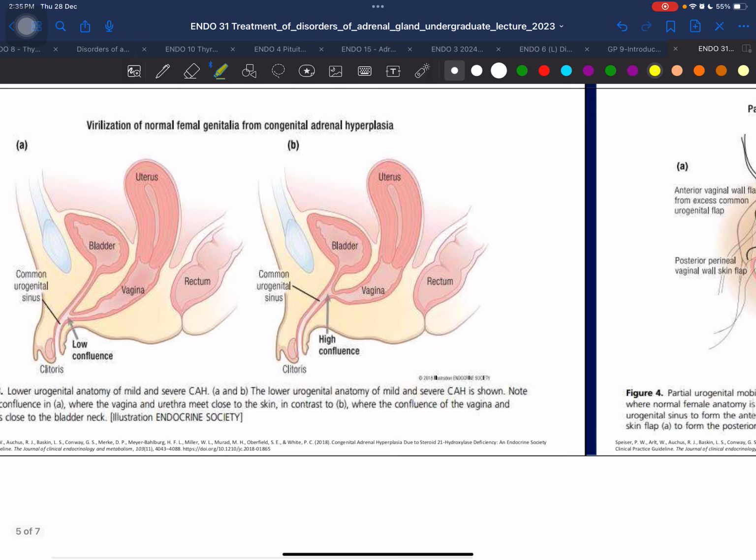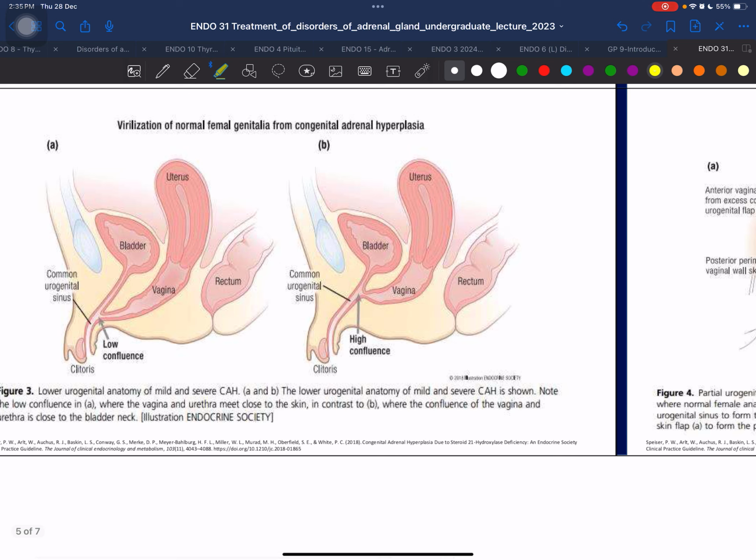This is just to show you how it looks in patients with mild and severe CAH. Sorry for this. If you look, this is abnormal genitalia. There's a confluence, a common urogenital sinus, which is abnormal.